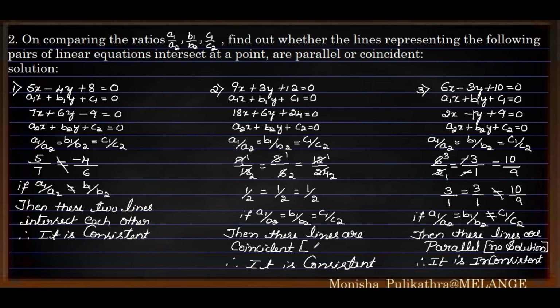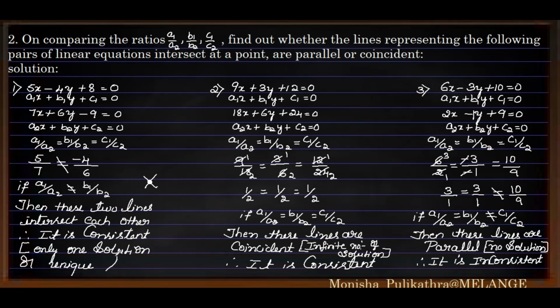For coincident lines there are an infinite number of solutions, because each line will be touching the other line, so the merging points will be infinite. For coincident lines there is an infinite number of solutions, and for intersecting lines only one solution, because the intersecting point is only one, right? So only one solution, or it can also be called a unique solution.